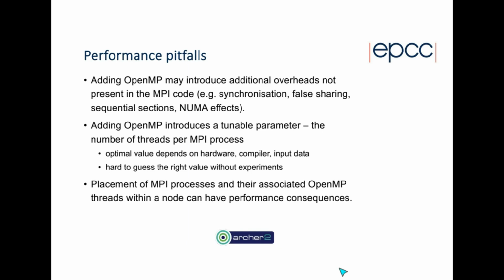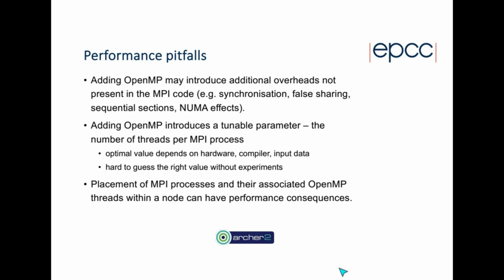If we go to hybrid MPI and OpenMP, then we're introducing a tunable parameter, which is how many OpenMP threads we are going to run per MPI process. So we have to make that choice, and the optimal value will depend on the hardware, may depend on the compiler that you're using, might depend on the MPI implementation that you're using, and may also depend on the input data.